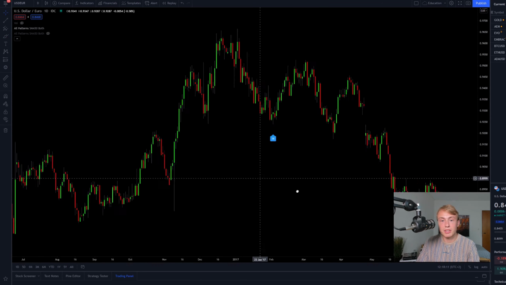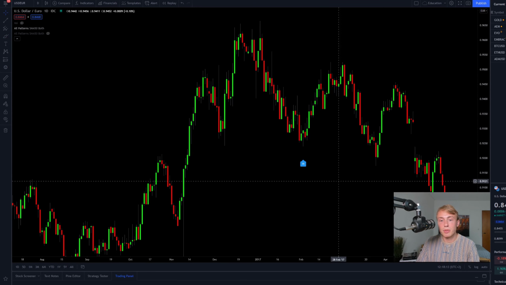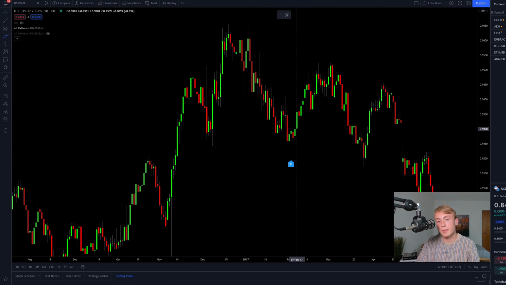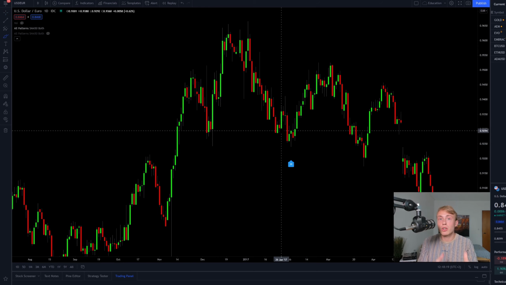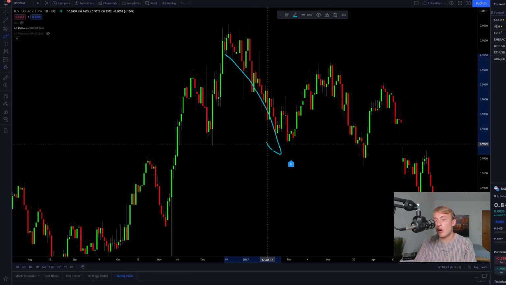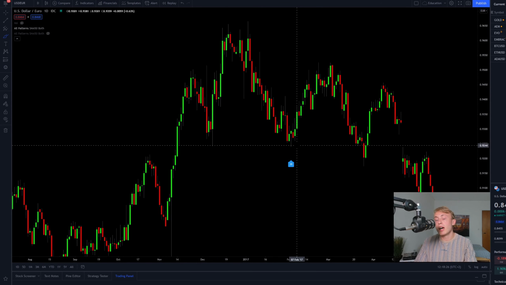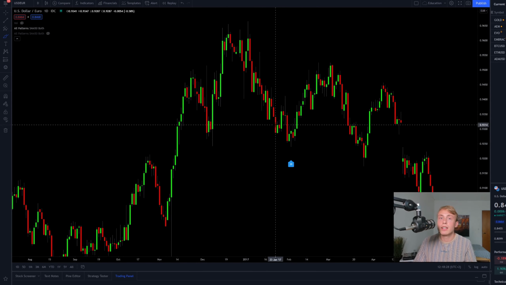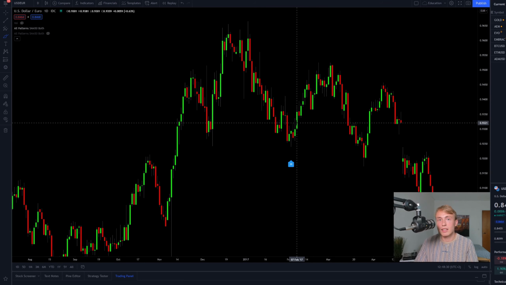If we look left here, we can see that we found another hammer right here. And in this case, this was a good hammer, because if you have been watching my videos on the hammer candle, you know that we want a hammer to appear after a strong decline. If the hammer doesn't come after a strong decline, then it's not a valid hammer. So that is definitely something to look out for.